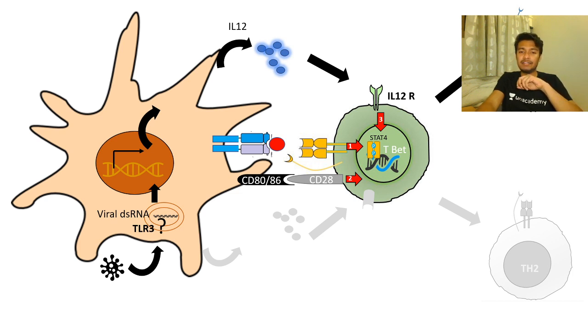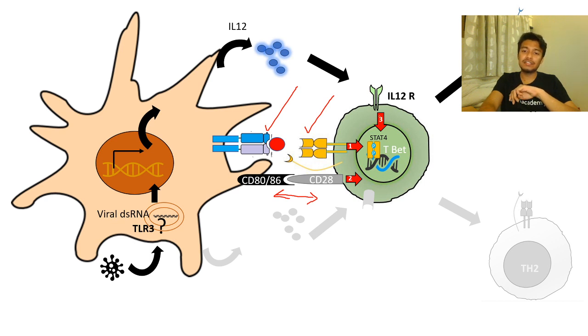Now T cell activation takes three important signals, okay? First of all, they require a TCR versus MHC interaction, MHC class 2 interaction. Second, they require a CD80 and CD80 ligand interaction, CD28. So these give two important signals, and the third signal comes from the cytokine receptor and cytokine mediated signaling.